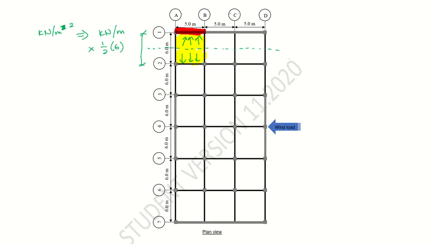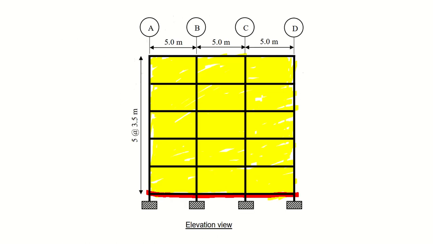If this is half from the slab, then this means that you will take the height of the building. So what is the height of the building? 5 times 3.5, you have 17.5, and also don't forget you have the stump here.